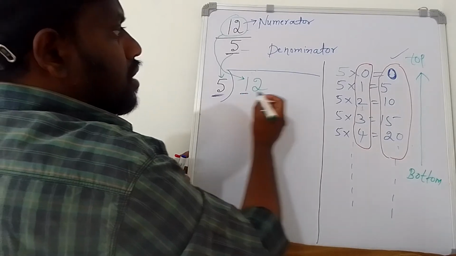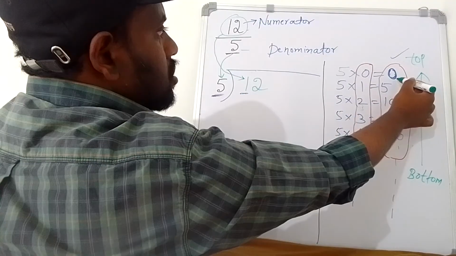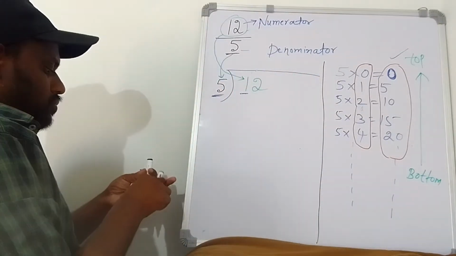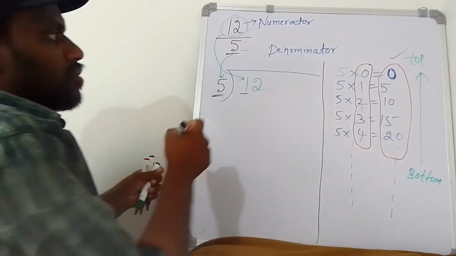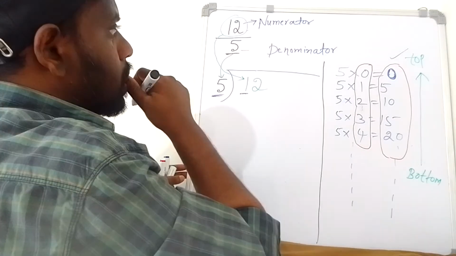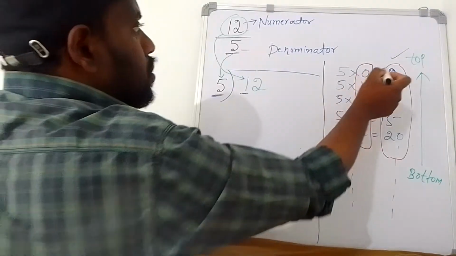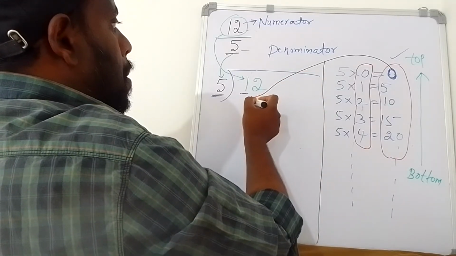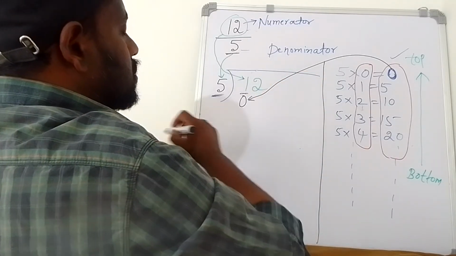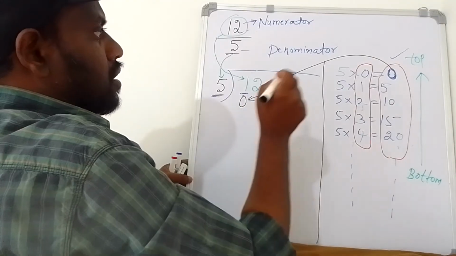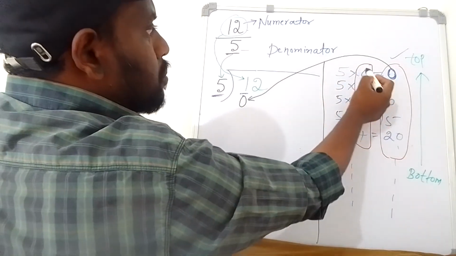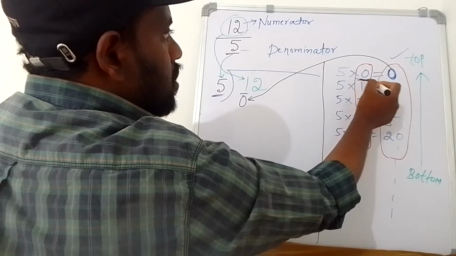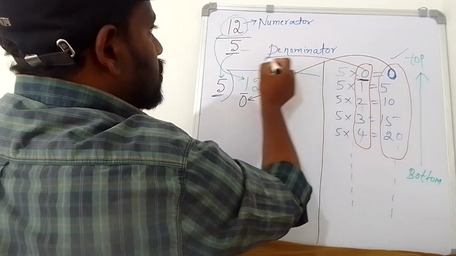So 1 is not there, and less than 1 is 0 only. So you put this 0 here, and then this corresponding 0 you put here.